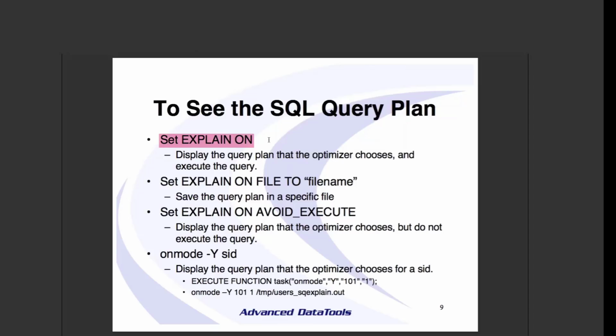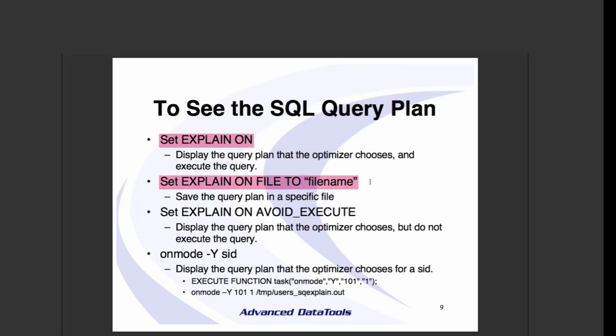You can also do set explain on file to, and then give it a file name. And this is what I'm going to use in these examples. This is the preferred way to do it. In fact, if I'm writing a program, I will oftentimes put an if debug flag, then turn this on so that I can run my program.